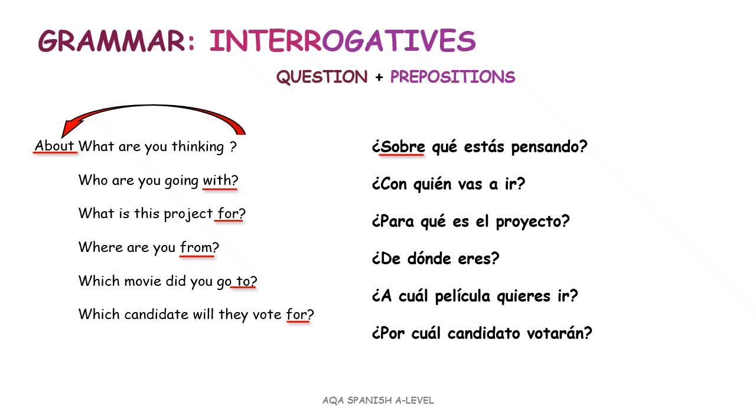No, with who, ¿con quién vas a ir? Or what is this project for? No, for what, ¿para qué es el proyecto? Or where are you from? ¿De dónde eres? Or which movie did you go to? Sorry, ¿a cuál película quieres ir? Or which candidate will they vote for? No, for which candidate? Forgetting this can be a serious mistake in the exam.